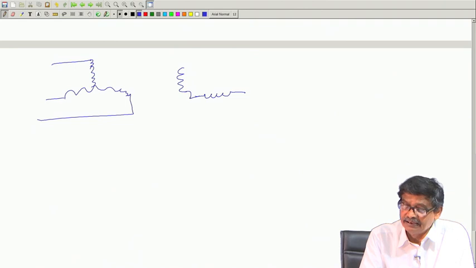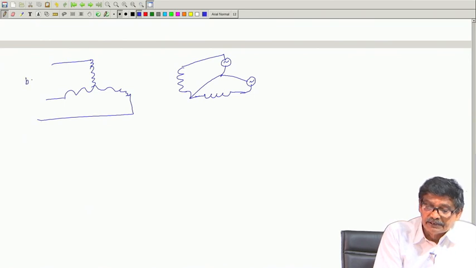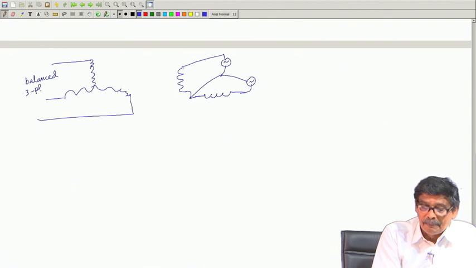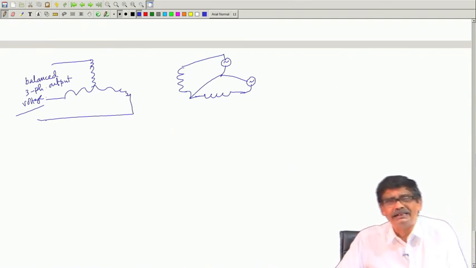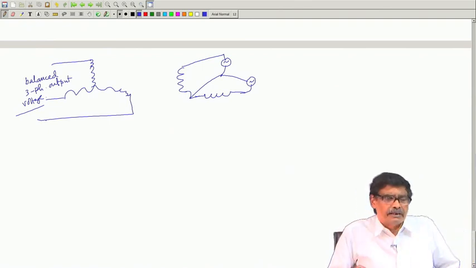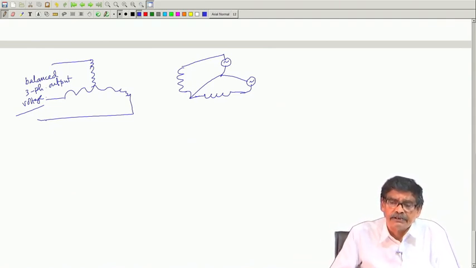But suppose I supply this side with a balanced 2 phase voltage, should I get a balanced 3 phase output voltage here? Draw the phasor diagram and you will get the answer. Reverse way, suppose the secondary side, because in any transformer after all, whether you energize primary, you get something on the secondary side, you energize the secondary side, you will get something in the primary.